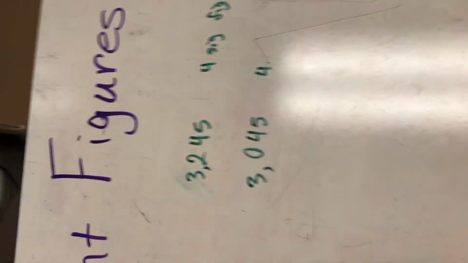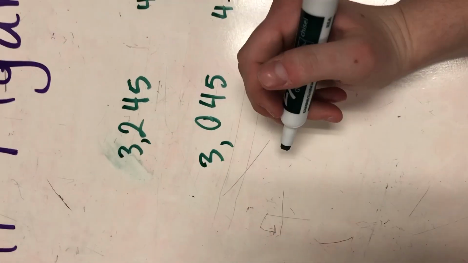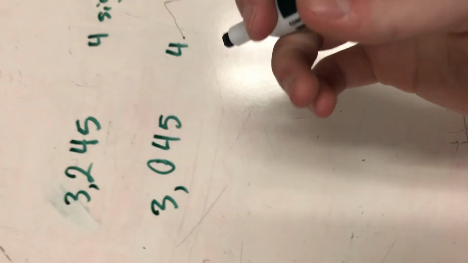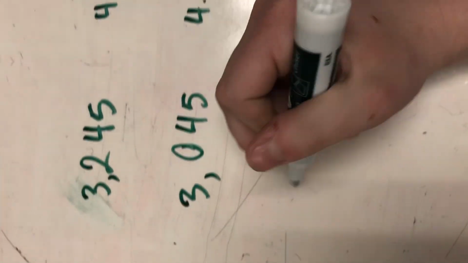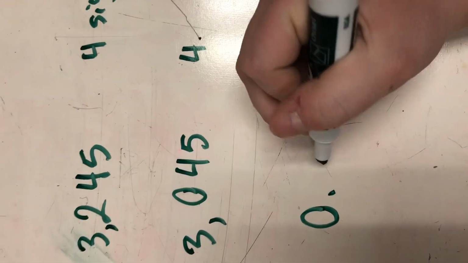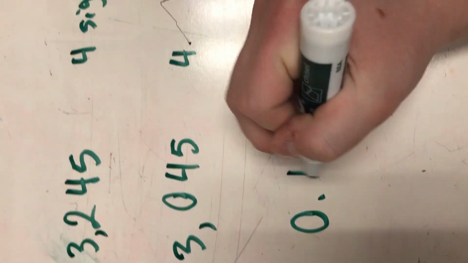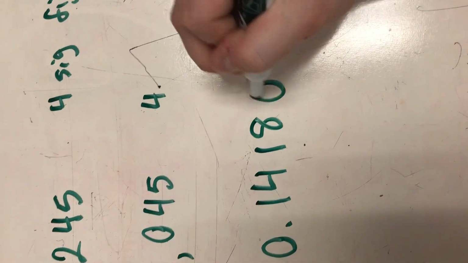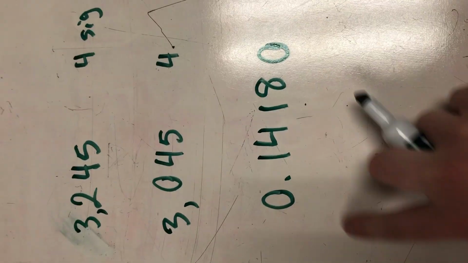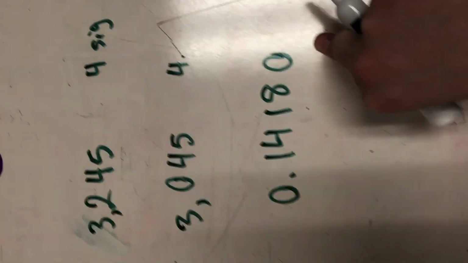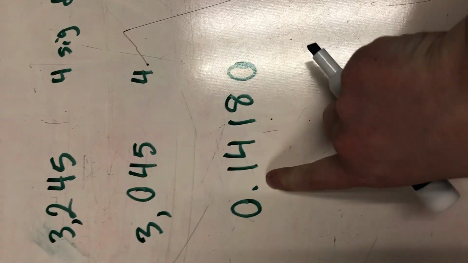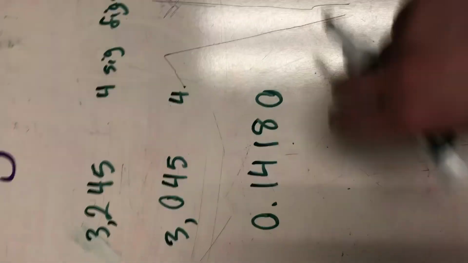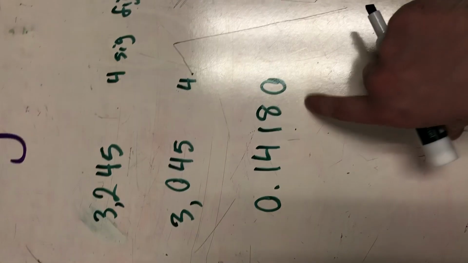The next rule is that all final zeros to the right of the decimal place are significant. If you write a number like this, this is the number that you measure. There are 4 non-zero numbers, so at least 4 sig figs, but then there's also this zero over here.